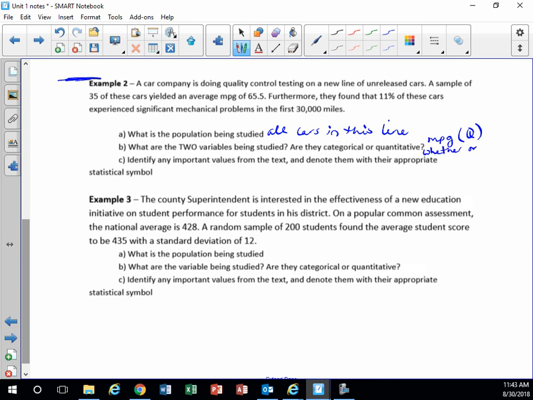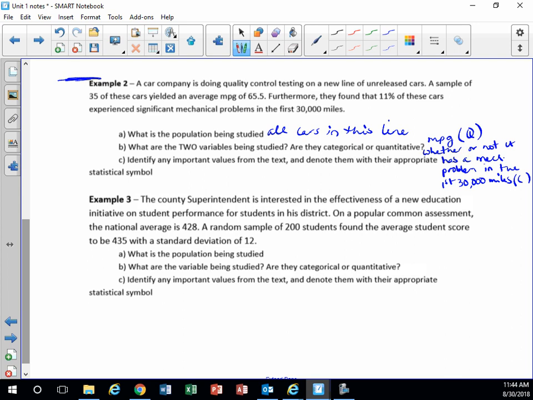Whether or not it had mechanical problems, I'm abbreviating, in the first 30,000 miles. So what kind of variable is that, guys? Yes, because it does or it doesn't, right? You're putting it in those two categories. It's a yes or a no kind of thing.